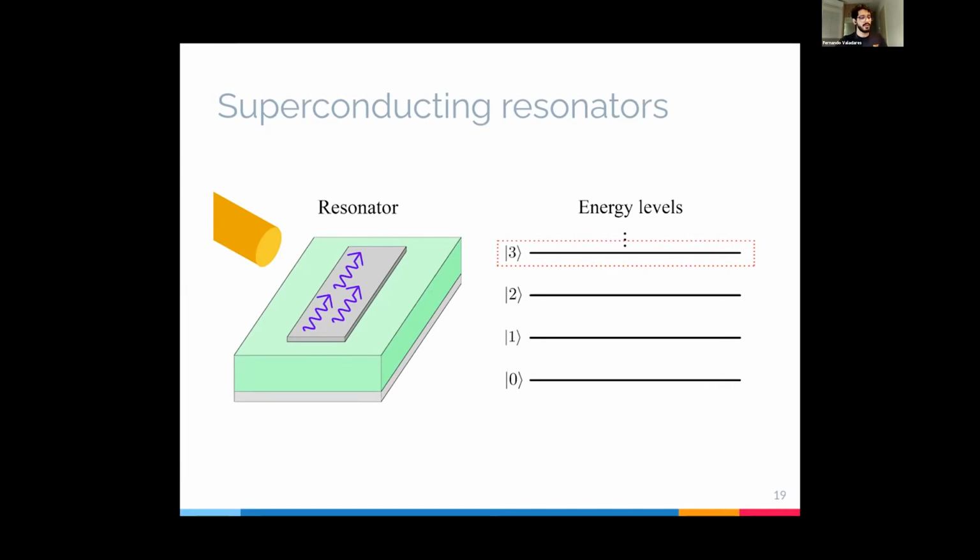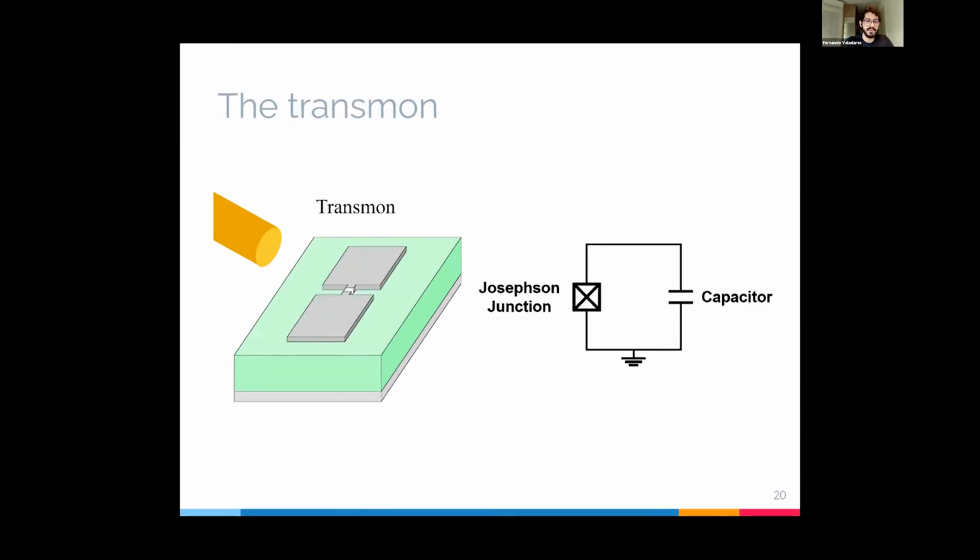So how can we do that then with the system? The solution was to add a perturbation by slicing the resonator in two halves and linking these two halves by a Josephson junction. This Josephson junction is just a barrier of oxide material, aluminum oxide, and it makes a very weak link between the two pads.